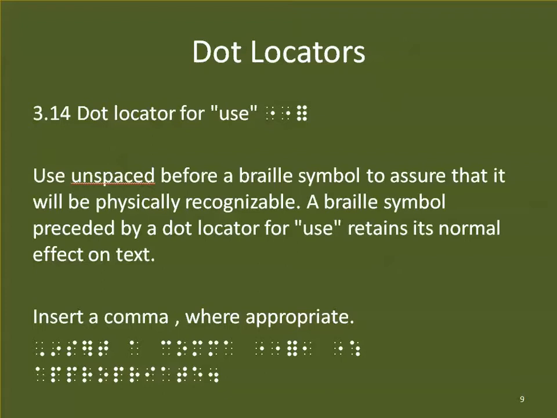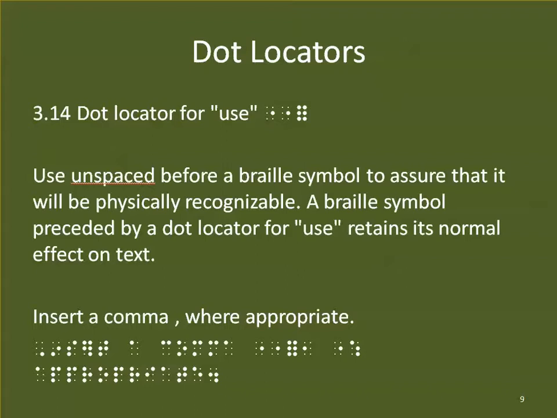So in that case, if we were using the dot locator for use to identify grade 1 mode, then it actually does start right then. We're not introducing the symbol, we're using the symbol, and we're telling the Braille reader to notice that this is in the lower part of the cell. So it's actually activated.